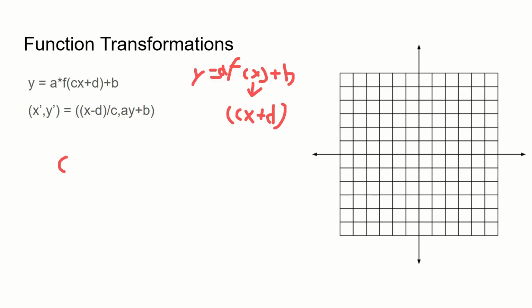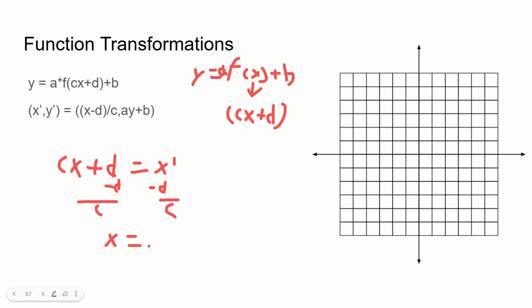So if we have cx plus d inside the function, we set it equal to some variable x prime, subtract d, and then divide by c, and we get x is equal to x prime minus d over c. So whatever the original value for any of the points in the function was, we can subtract d and divide by c, and we'll get some new value.